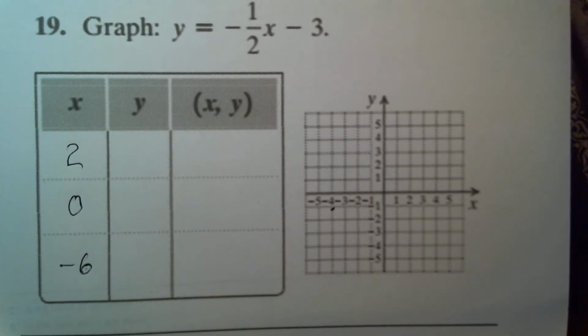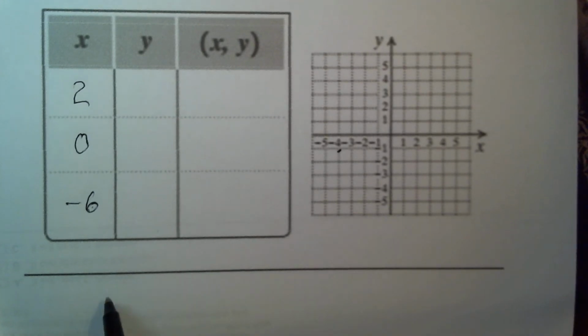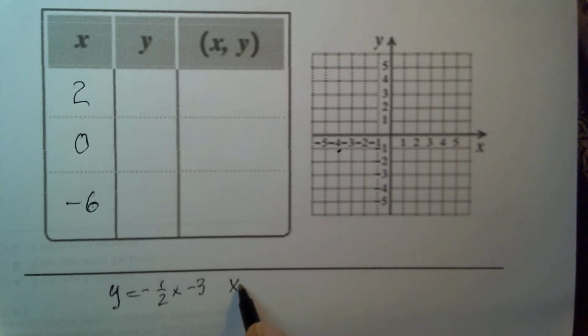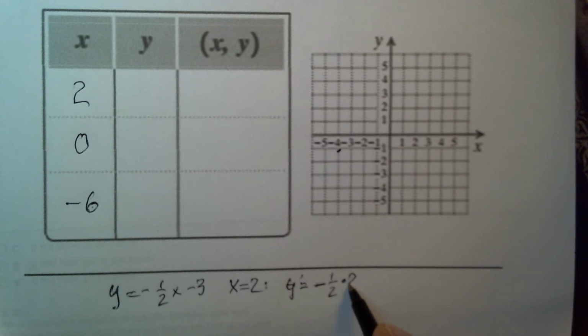So let's compute the corresponding y values. We have y equals minus 1/2 x minus 3. For x equal to 2, y equals minus 1/2 times 2 minus 3.